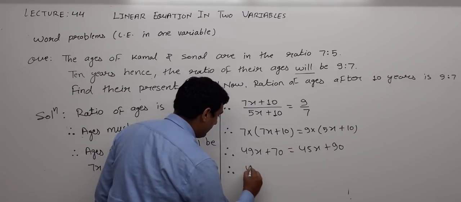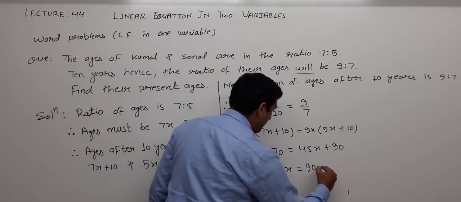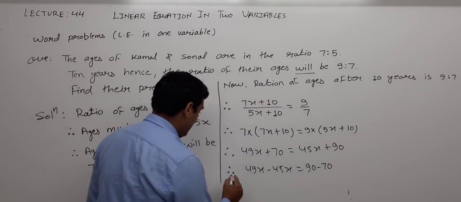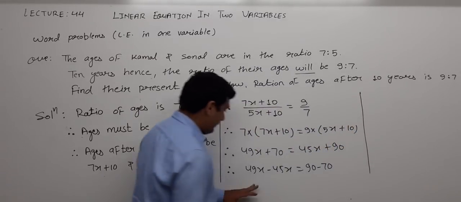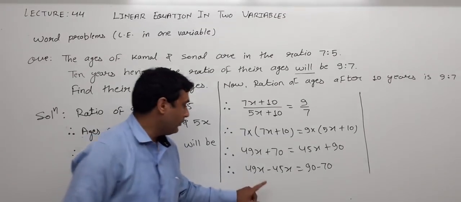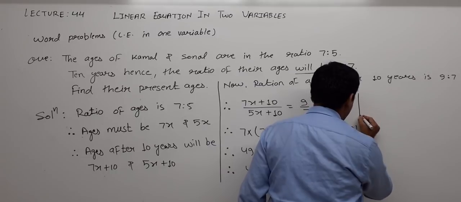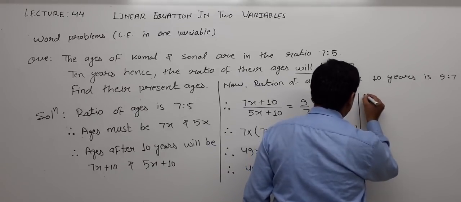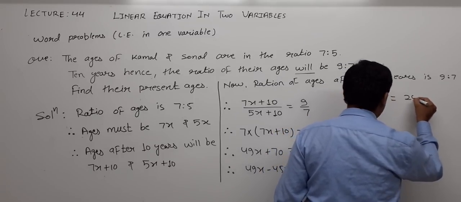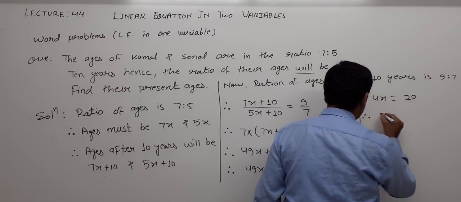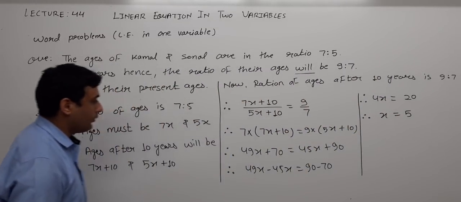So 49x minus 45x is equal to 90 minus 70. So ultimately, 49x minus 45x gives you 4x. So here I can write 4x is equal to 20. Therefore, x is equal to 5.